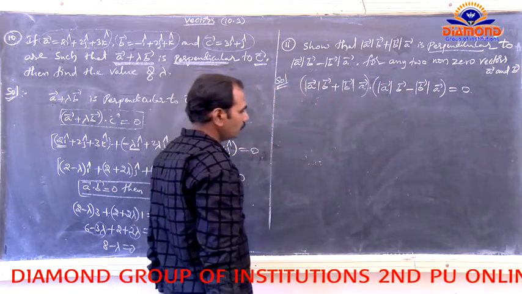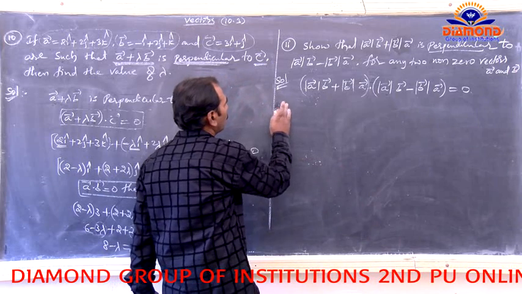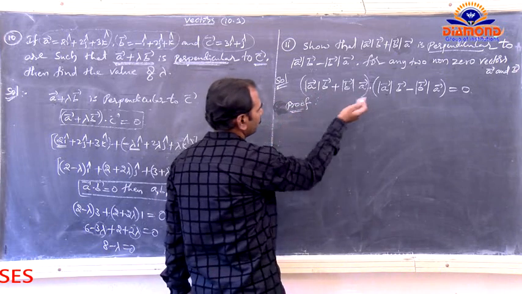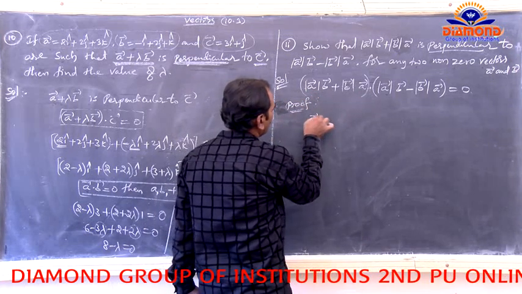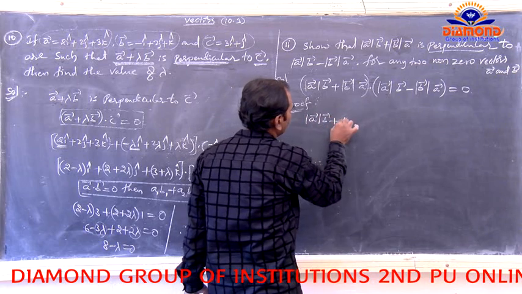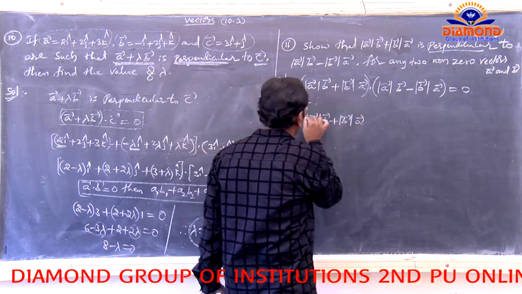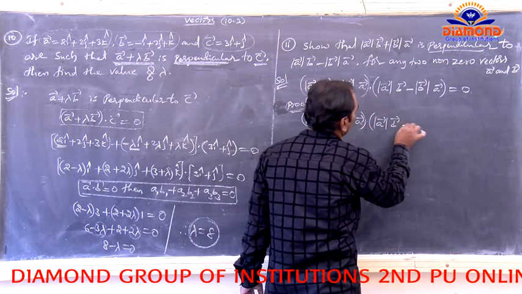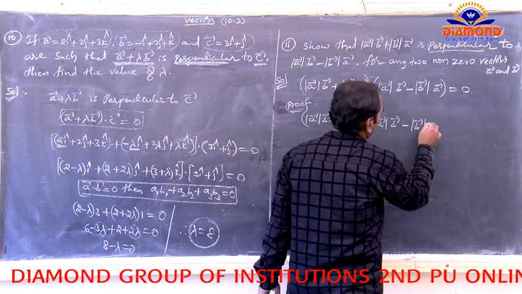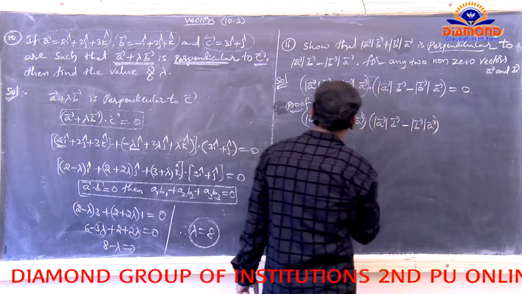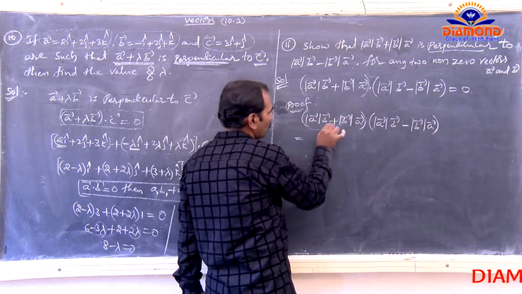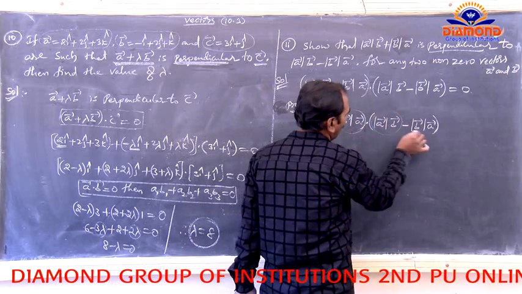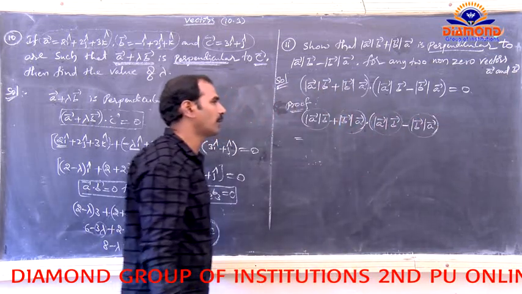So solution proof. Modulus of A into B plus modulus of B into A, modulus of A into B minus modulus of B into A bar. This is total A, this is total B, A plus B into A minus B.